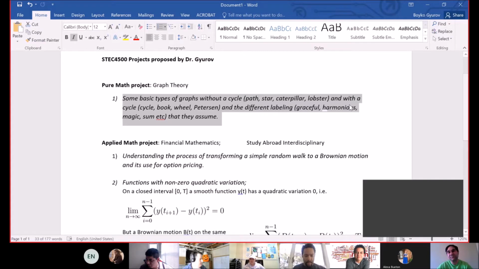For example, trees in the simplest versions like paths, stars, caterpillars, lobsters. And then some simple graphs that have cycles. So technically they're not trees, say cycle, book, wheel, or Petersen graphs. And look at different types of labelings that these types of graphs assume.